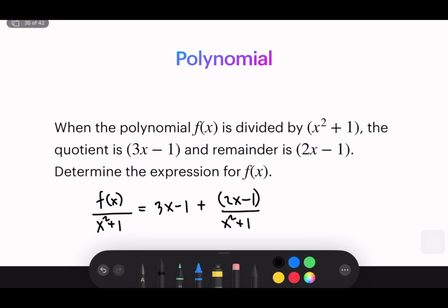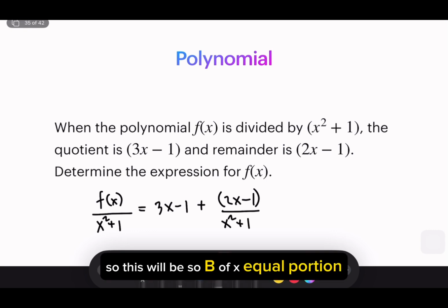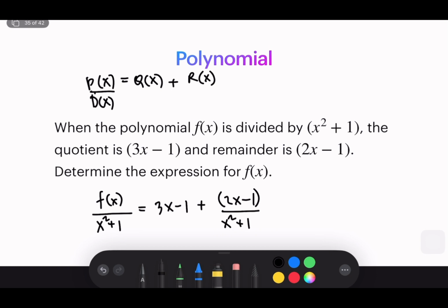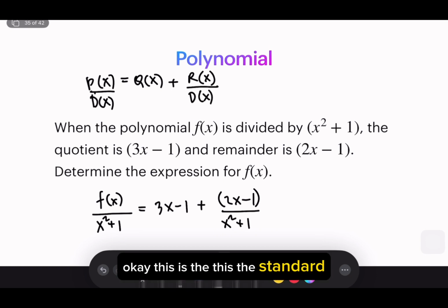Okay, so p of x equals quotient times divisor, plus r. This is the standard.